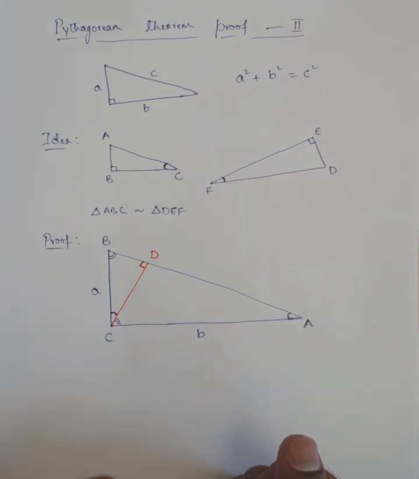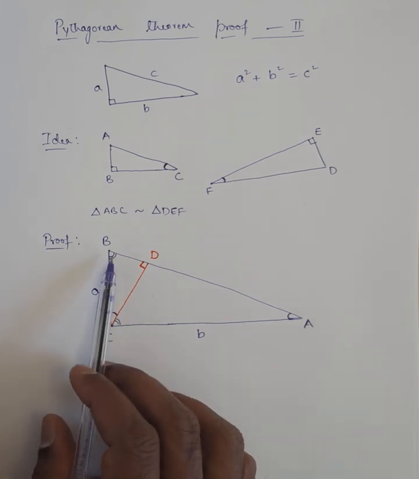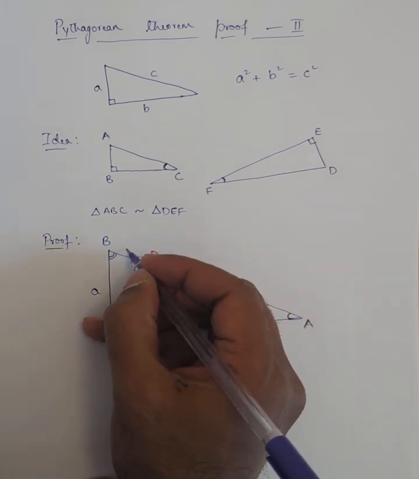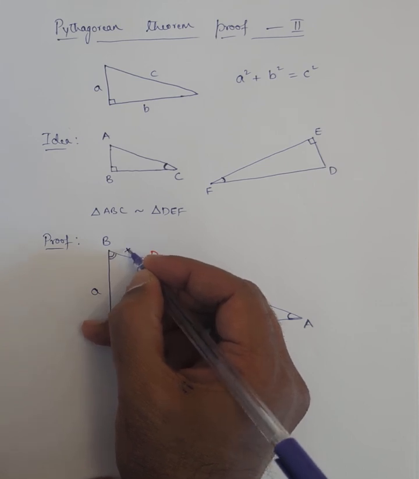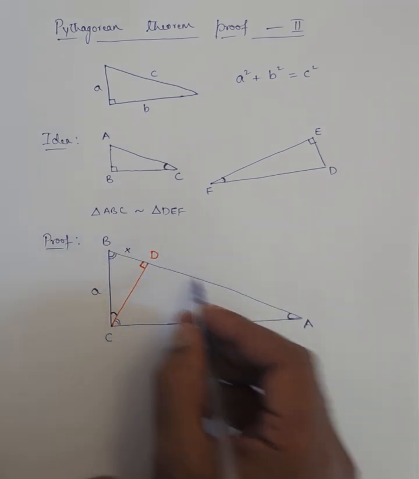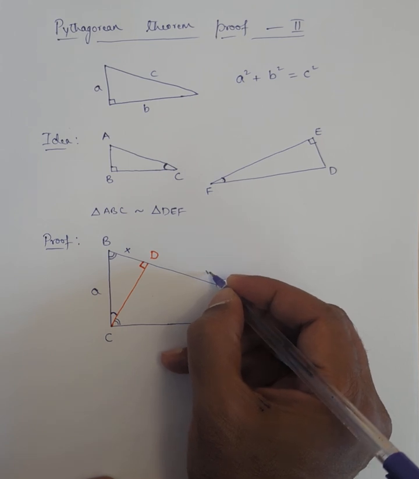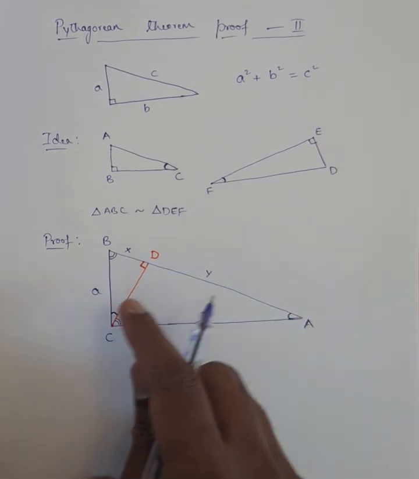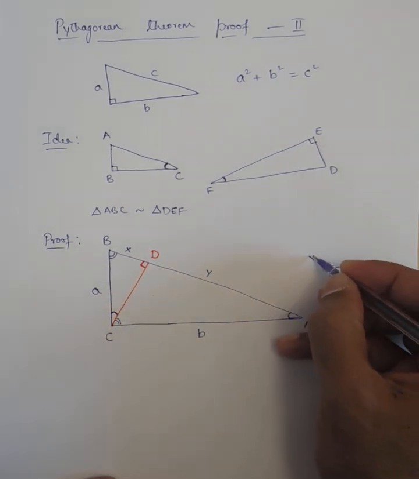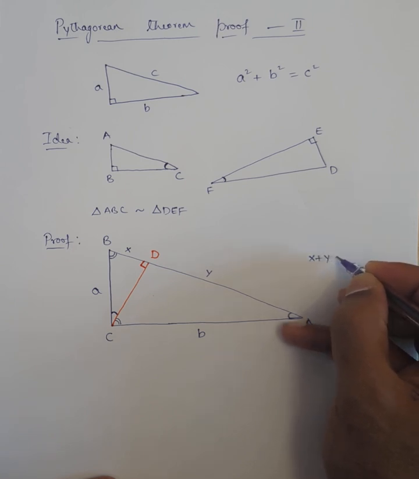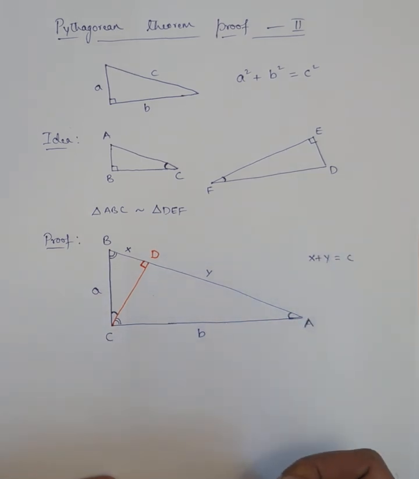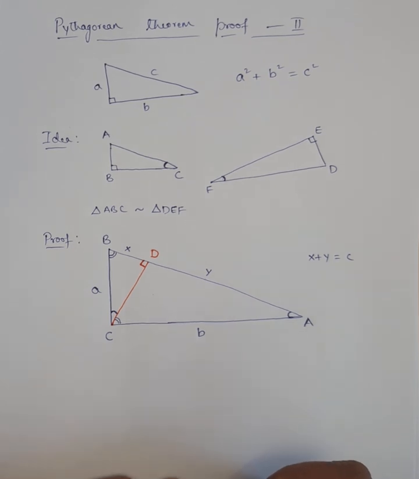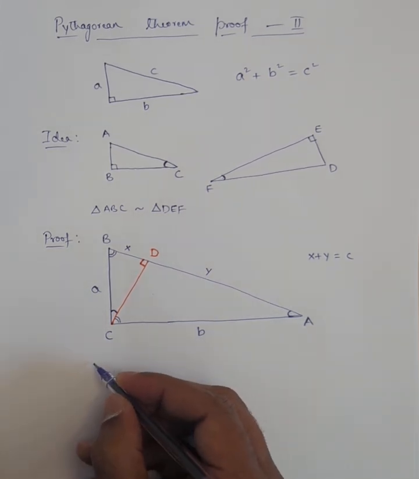All right, so now we can use the ratios of corresponding sides. Oh, by the way, let's call this part BD as x and AD as y. And x plus y is equal to c. All right, so now we can say this.